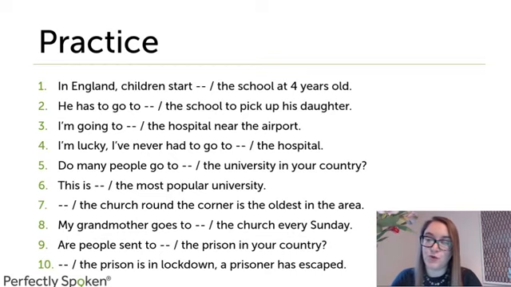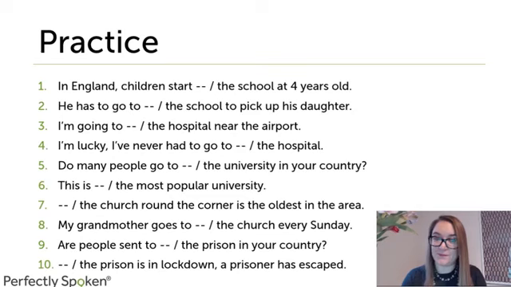So 1 and 2 talk about school, 3 and 4, hospital, 5 and 6, university, 7 and 8, church, 9 and 10, prison. So in one of the sentences, you will need to use a definite article, and in the other sentence, you will need to use zero article. So pause the slide and have a go.